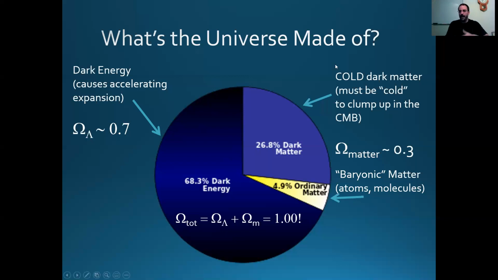And that actually narrows down some of the possibilities for what it could be. Things like neutrinos would actually be hot dark matter. So that doesn't fill the bill here. So in fact, dark matter is something that we have no idea what it is. It's some completely unknown particle. And it forms a quarter of the universe and more than 5 times as much of the universe as ordinary matter.